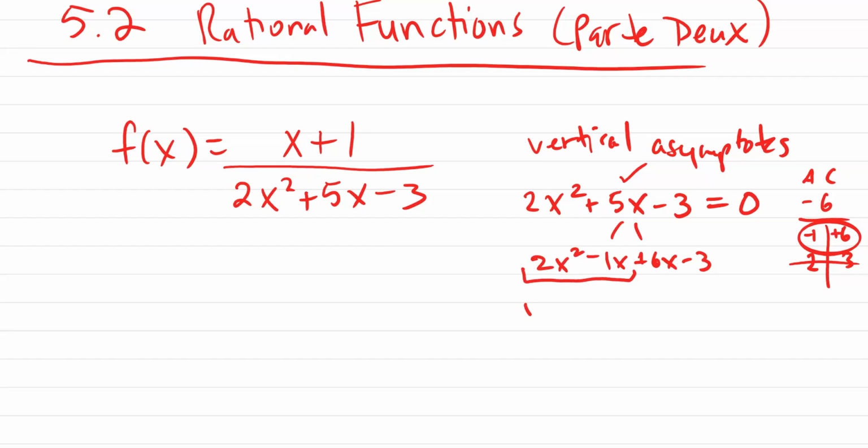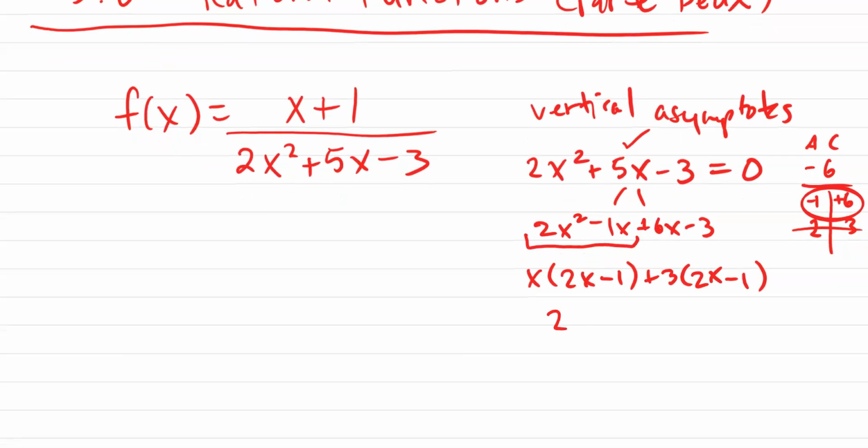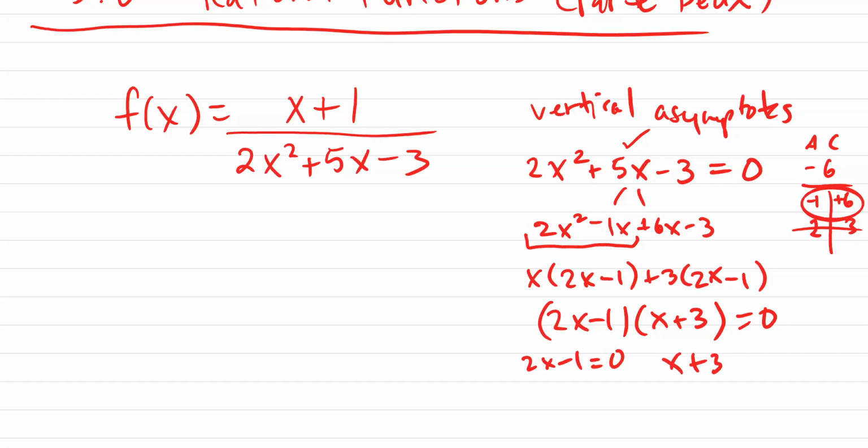Factor by grouping, these have an x in common. Factor by grouping, these have a 3 in common. So now we can factor out 2x minus 1, which leaves us with x plus 3, setting each of these groups equal to 0. For the first one, we get 1 half.